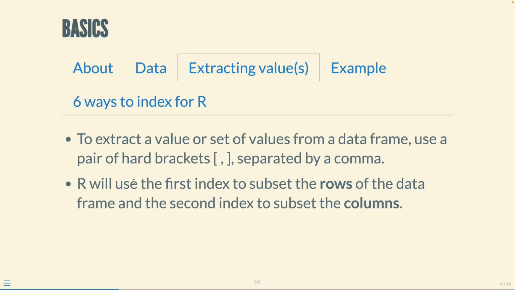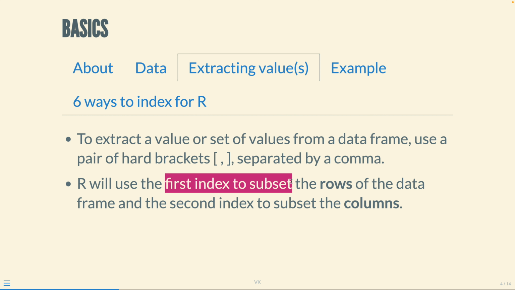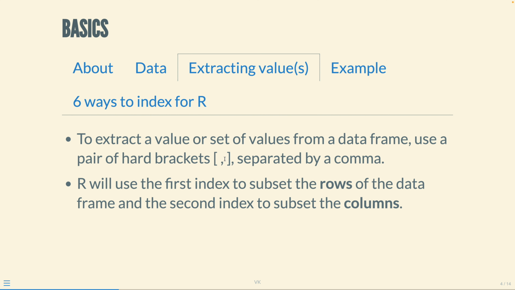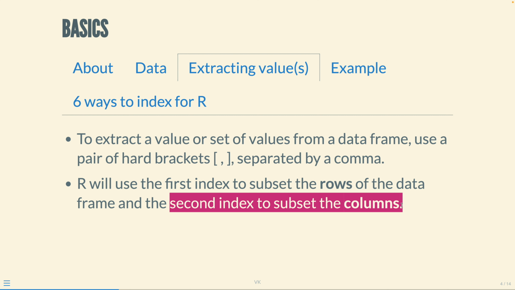Right after you start the bracket, the first index will point to the subset of rows that we want to extract from the data frame, and the second index, which comes after the comma, is going to be used to subset the columns. So it's best that we talk about an example here.